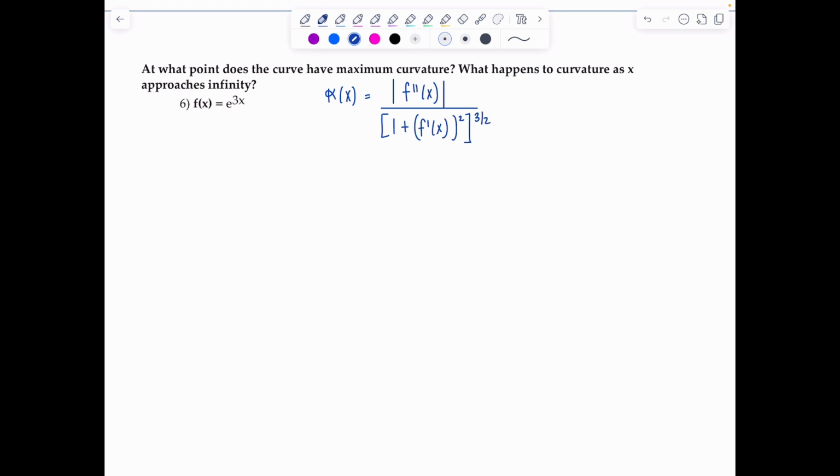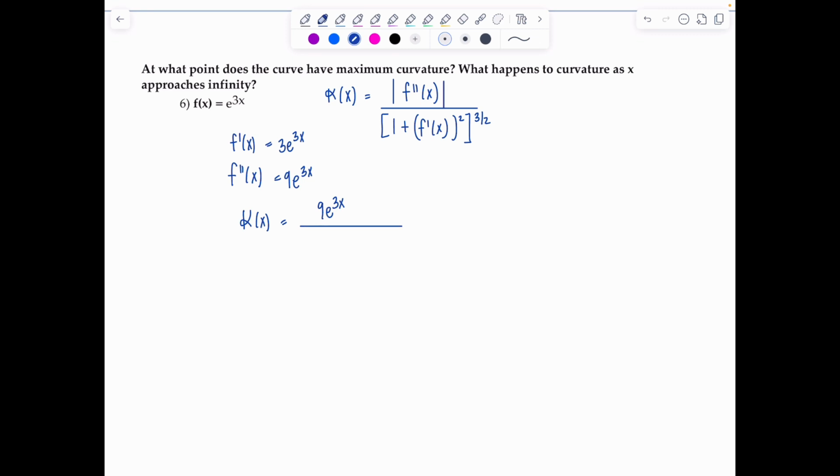Okay, so thankfully we just have e to the 3x, so finding f prime and f double prime is relatively simple. f prime of x is 3 e to the 3x, and f double prime of x is 9 e to the 3x. So my curvature is going to equal the absolute value of 9 e to the 3x. I don't need the absolute value, it's not negative. Over, hold on, that's so crooked.